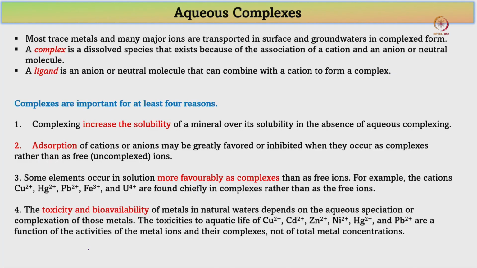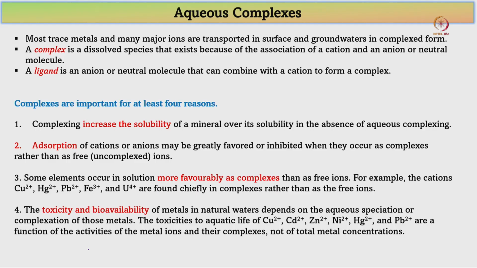A complex is a dissolved species that exists because of an association of a cation and an anion, or a cation and a neutral molecule, or an anion and a neutral molecule. So, complexes can be of many types. There can be n number of permutations and combinations, and they can have different types of stabilities. Most commonly we find that dissolved metals do not stay in free ionic forms.